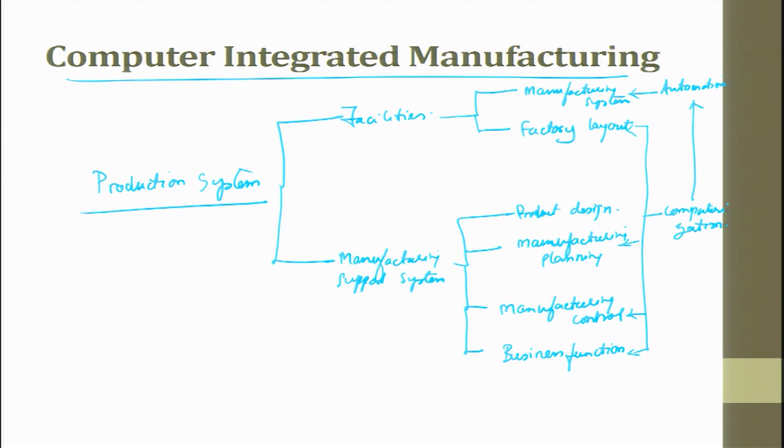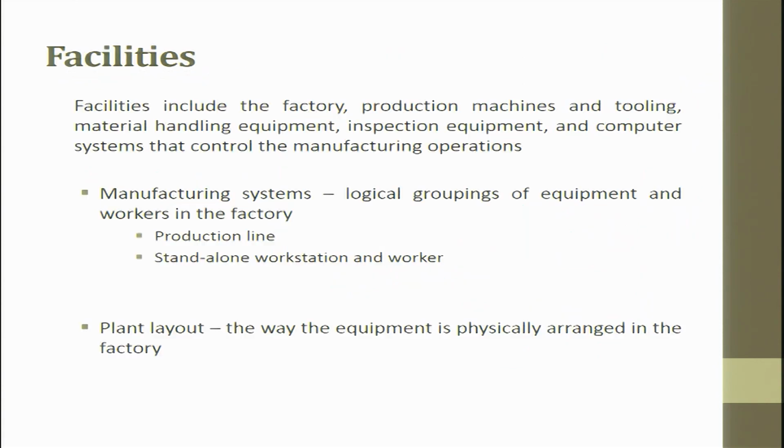So, this is a typical manufacturing system or production system that is involved when we talk about computer integrated manufacturing: facilities and manufacturing support system. The manufacturing system can be automated, while factory layout, product design, manufacturing planning, manufacturing control, and business functions are part of it, so you can get computerized. Computerization plays a very important role in all these four factors, so you get to know the result.